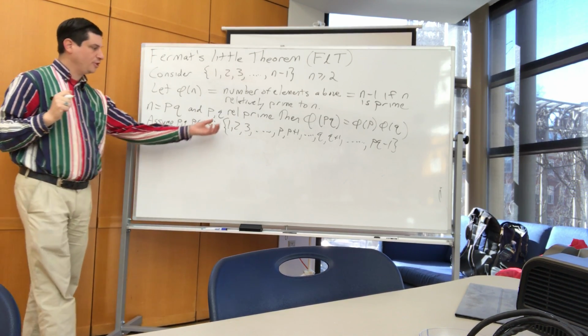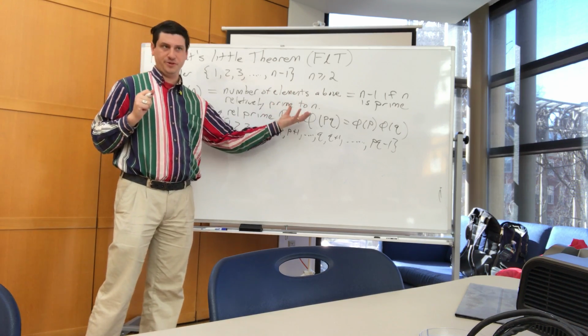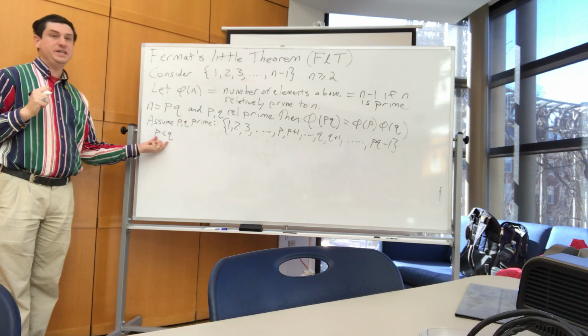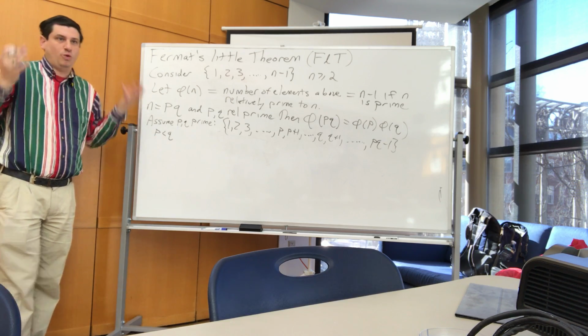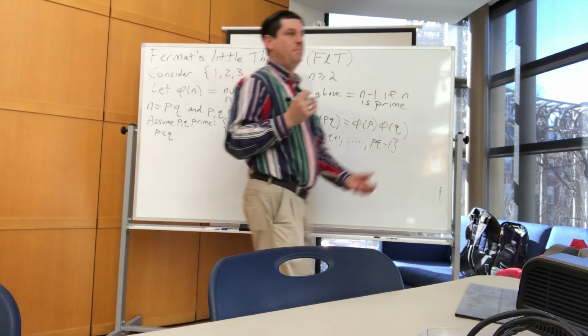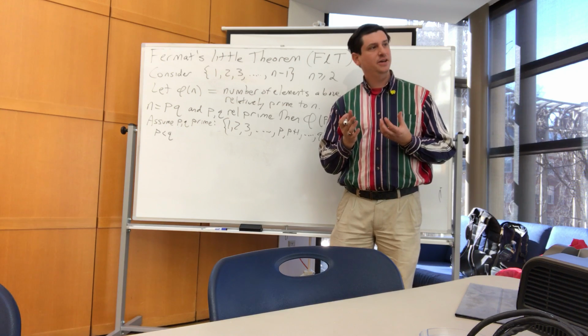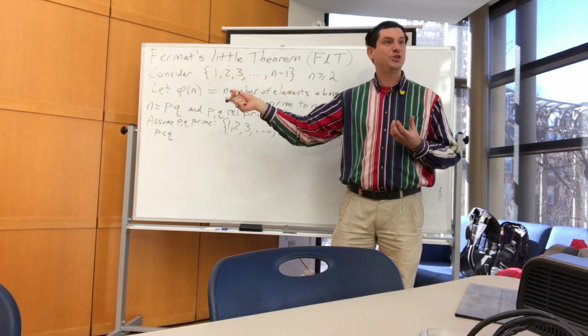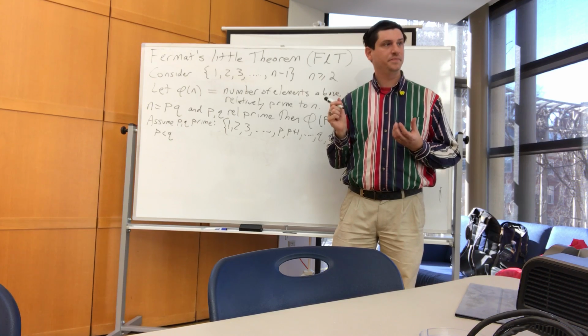So we know initially all the numbers from 1 to p minus 1 work for the first one, and 1 to q minus 1 work for the second one. Let's assume p is less than q, just one of them has to be smaller than the other. But now the question is, how do they mix together? Since q is greater than p, some of the things less than or equal to q minus 1 will be multiples of p.